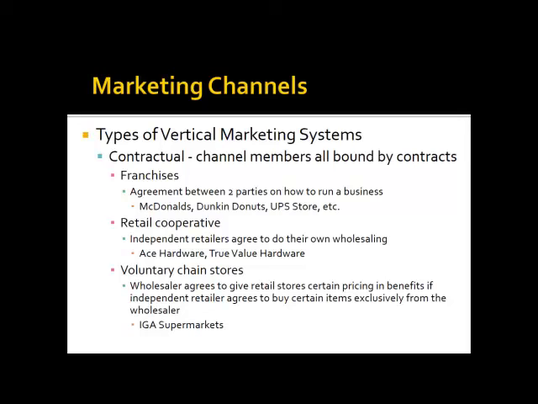IGA supermarkets are an example of voluntary chain stores. Independent stores all group together. They buy through IGA, display their logo also, to get prices that make it easier for them to compete with Stop and Shop and Big Y and any of the large regional supermarket chains.